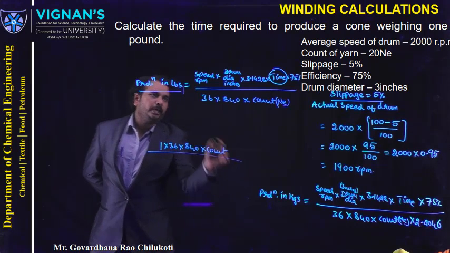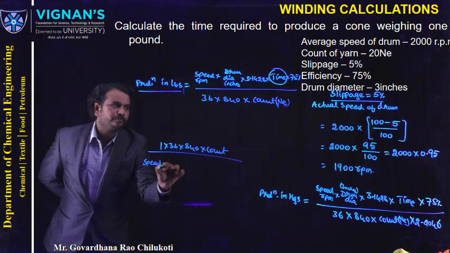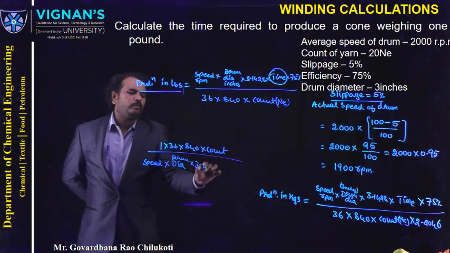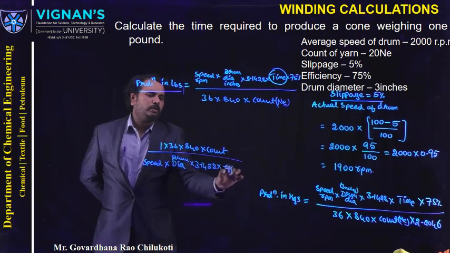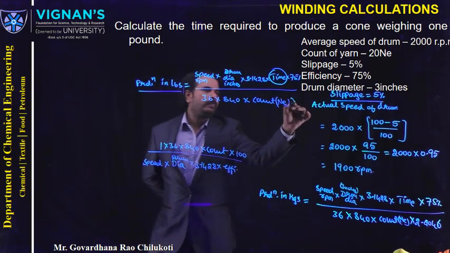whole divided by speed multiplied by dia, so that is drum dia, 3.1428 into efficiency we are having.